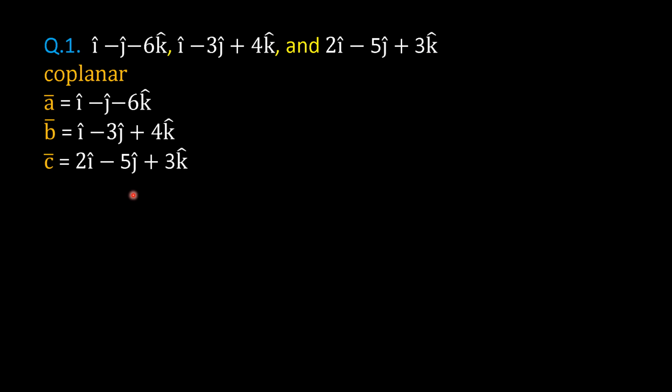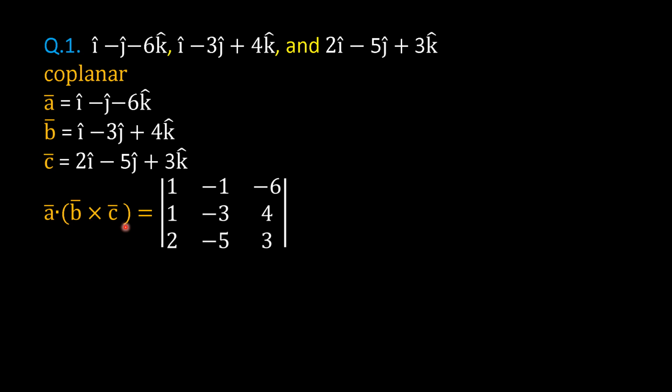We will take their scalar triple product and write A bar dot B bar cross C bar, which will be a determinant 1 minus 1 minus 6, 1 minus 3 4, 2 minus 5 3.